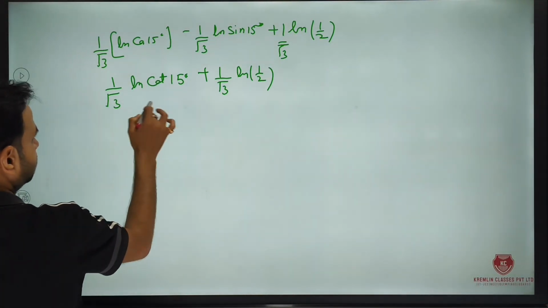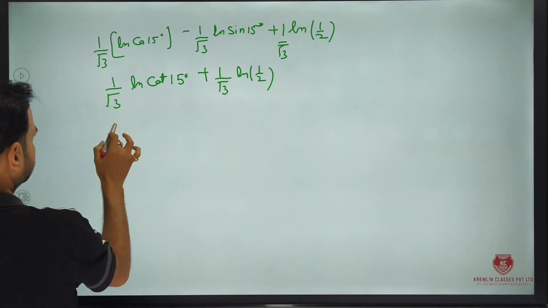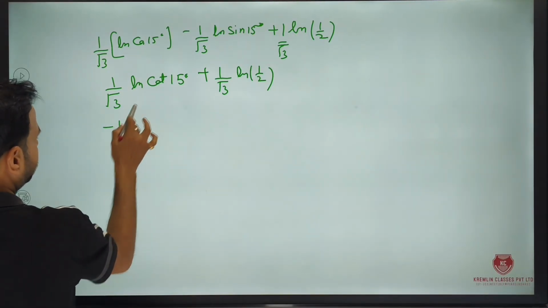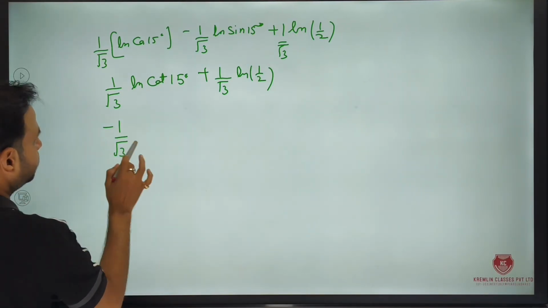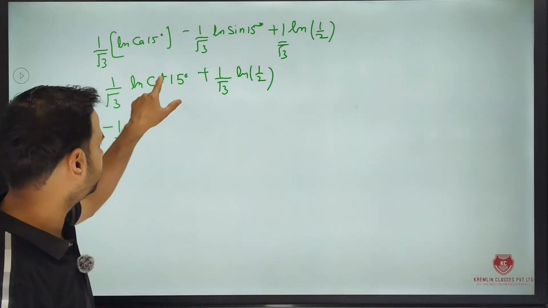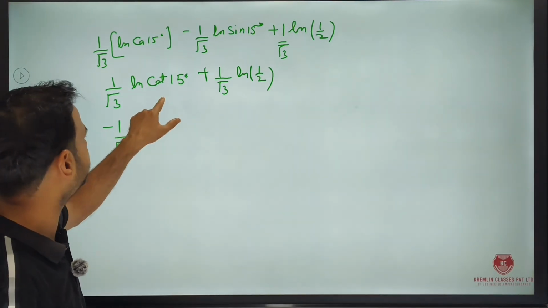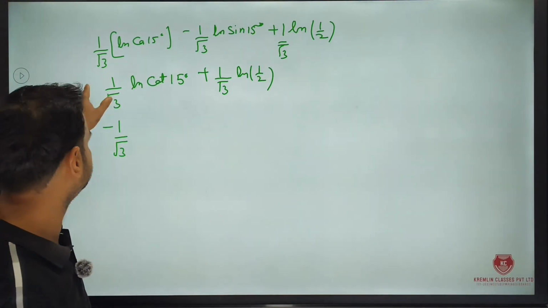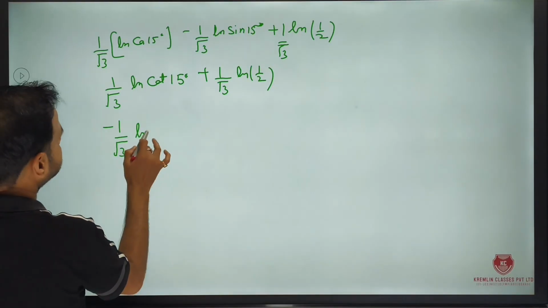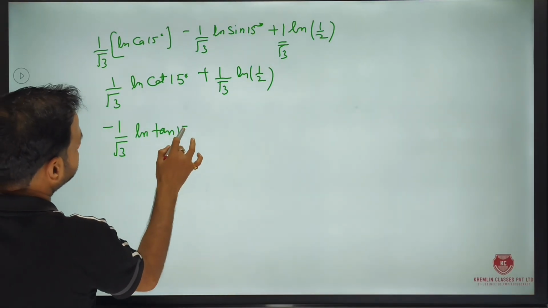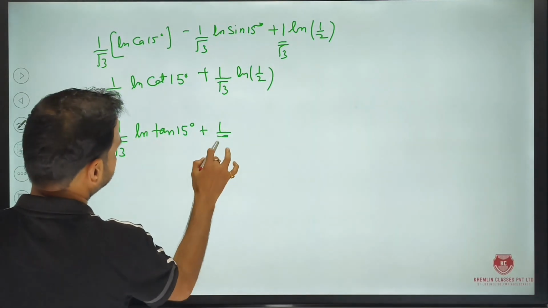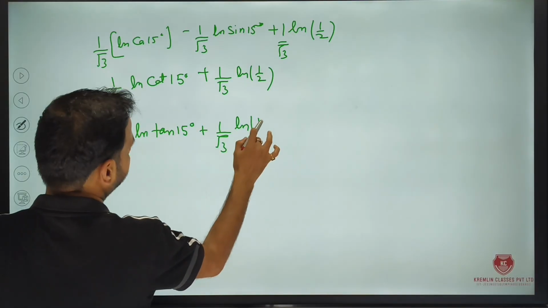When we put it as tan 15 degree, there should be a minus coming out, because cot 15 is 1 by tan 15, so tan 15 power minus 1, and this is ln tan 15 degree. I hope you understand this, plus 1 by root 3 ln half.